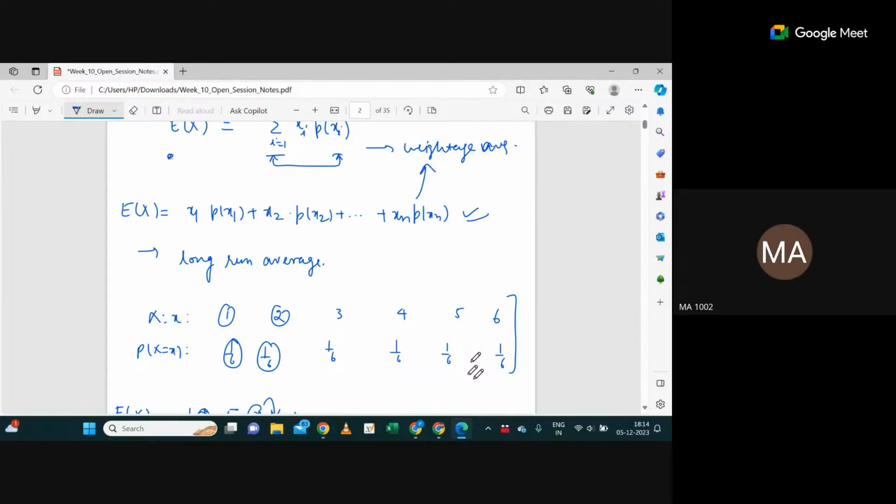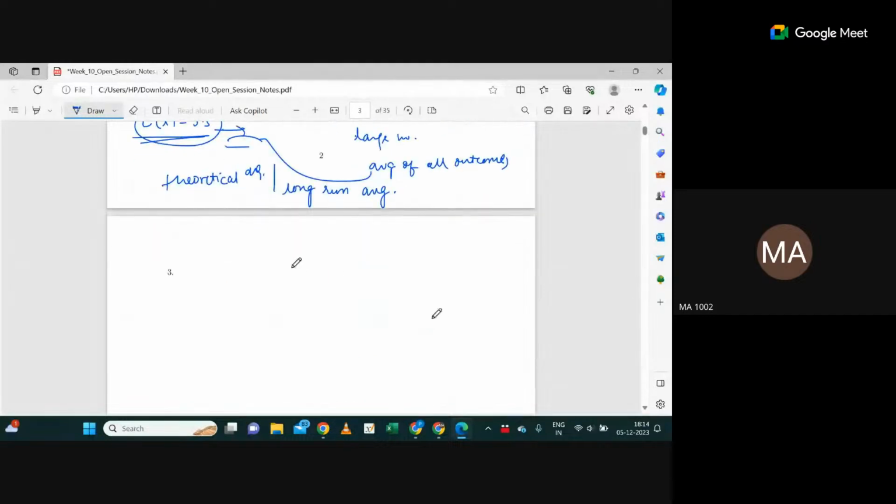Let me give you one scenario. Suppose there is a game. In that game, you toss a fair coin. You will win $1 if the coin lands on tail, and you will lose $1 if it's head.